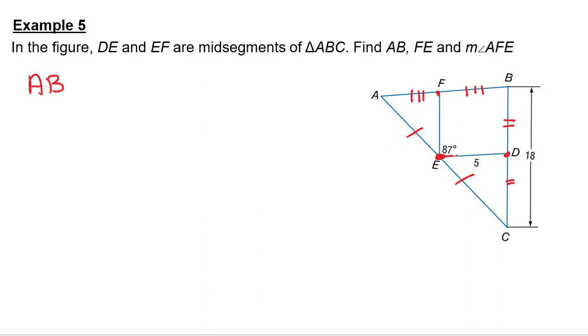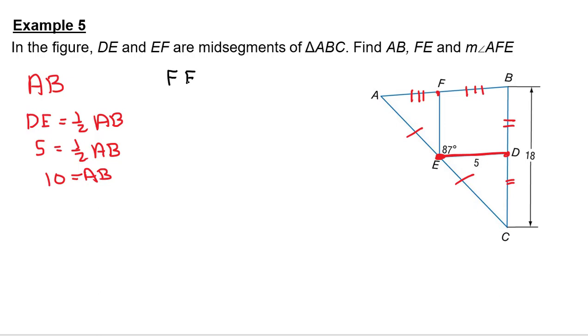Okay, so AB. If DE is a midsegment, DE is equal to half AB. DE we know is 5. So therefore AB equals 10. Now finding FE.